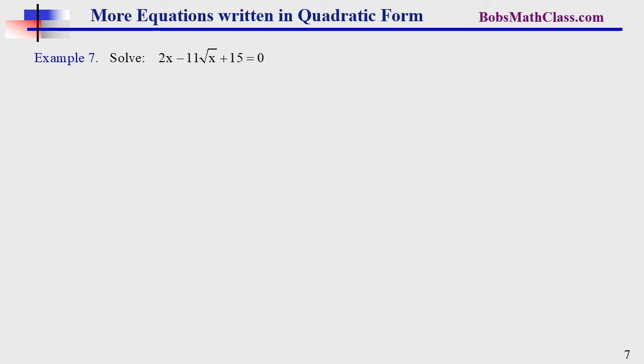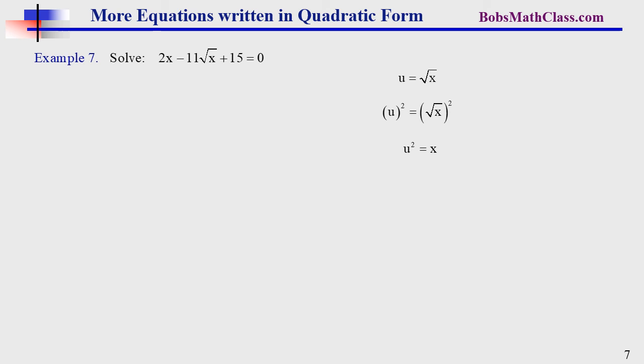So let's do the same substitution here. Start with square root of x and make that equal to u. So u equals the square root of x. Now square both sides. On the left, it's equal to just u squared, and on the right, it'll just be equal to x.